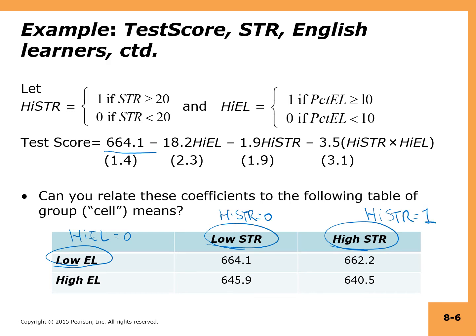So in this case, because you're plugging in high EL is equal to 0, these terms cancel out, and what you have left is 664.1 minus 1.9, which equals 662.2. And you can do this for all the other values by plugging in different values for high EL and high STR to get the average test score.